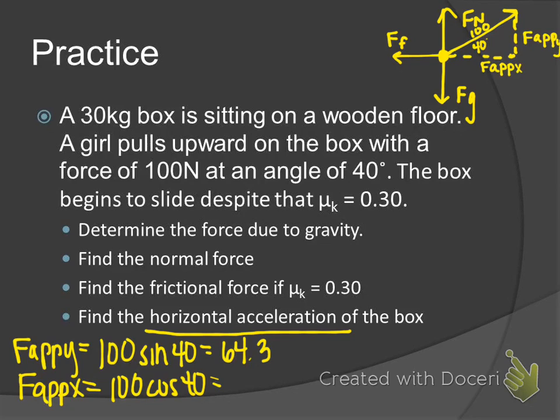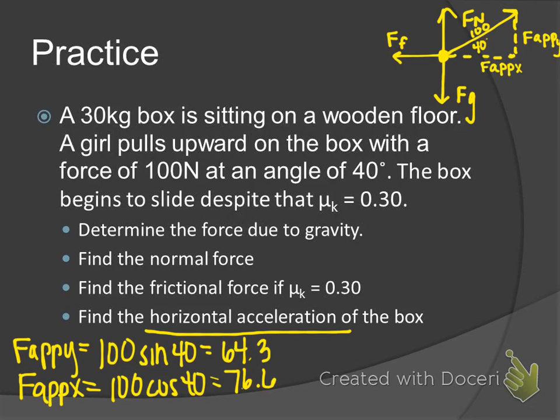Yeah. We're going to need both of them. We need the force applied y to help us solve for the normal force, and we need force applied x because that's our force in the x direction. So we're going to take 100 times cosine of 40 and get 76.6. Do we agree with both of the components there?